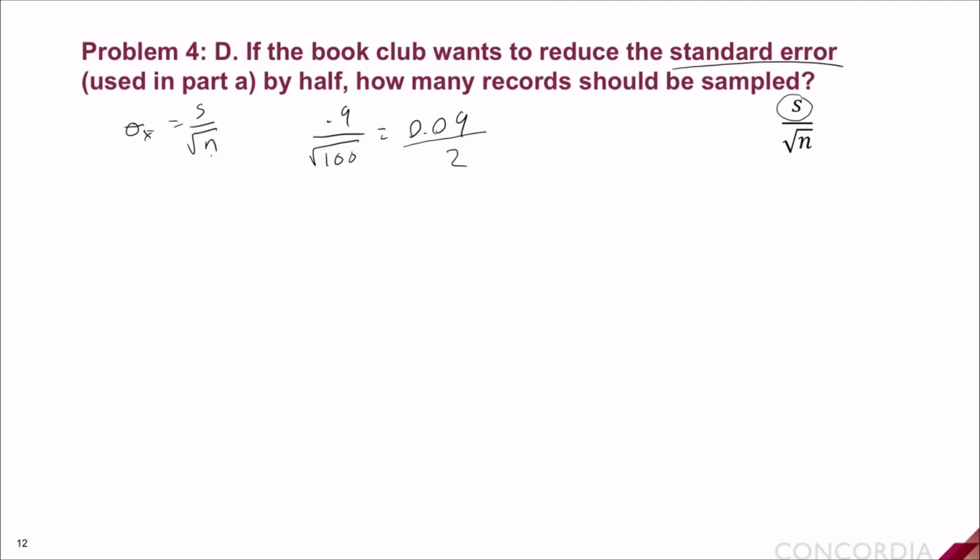And the question is asking us, how big does n have to be to get this number to be 2 times smaller? So to solve that, we're going to take 0.09 divided by 2, which gives us 0.045, and we're going to replug that number into the formula, leaving n as a variable. So the new formula would be 0.9 over the square root of n equals 0.045, and now we're simply going to solve.